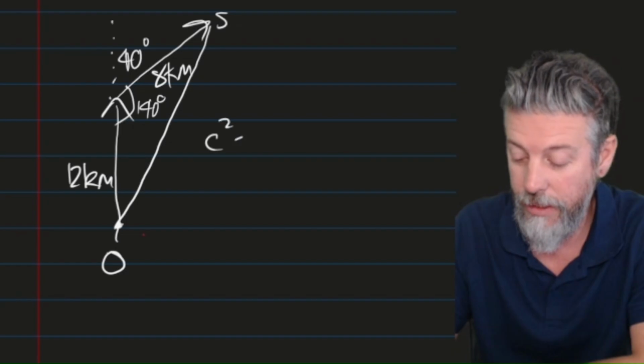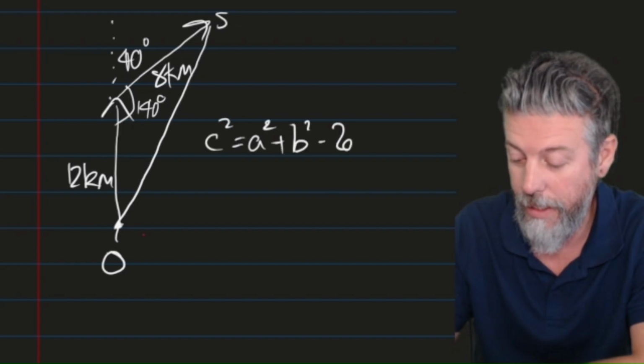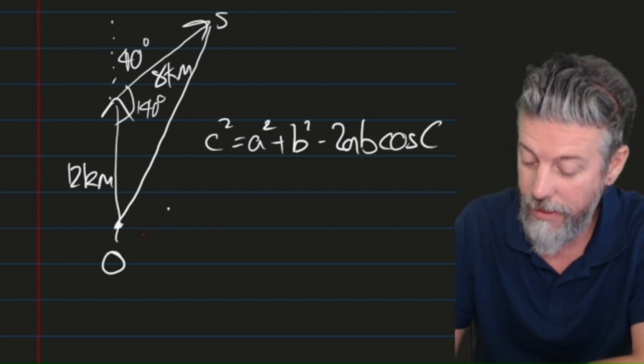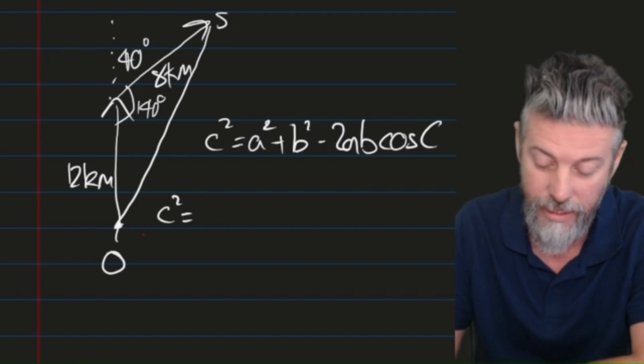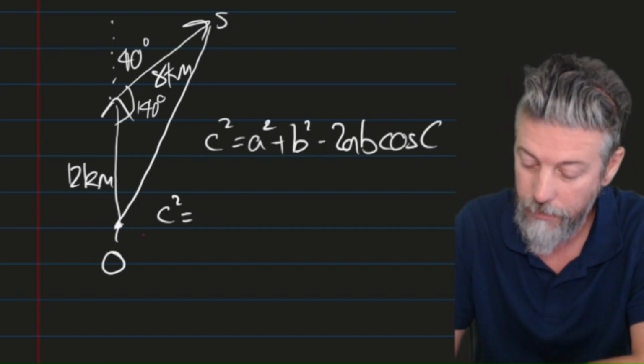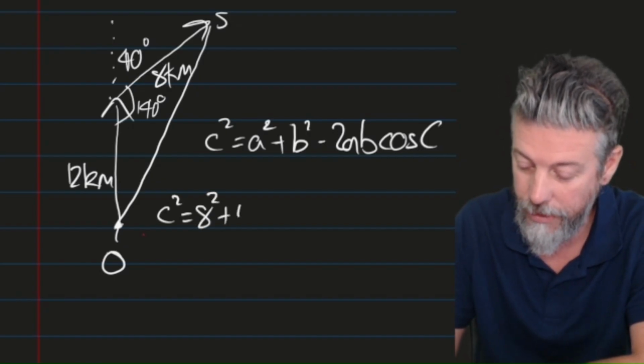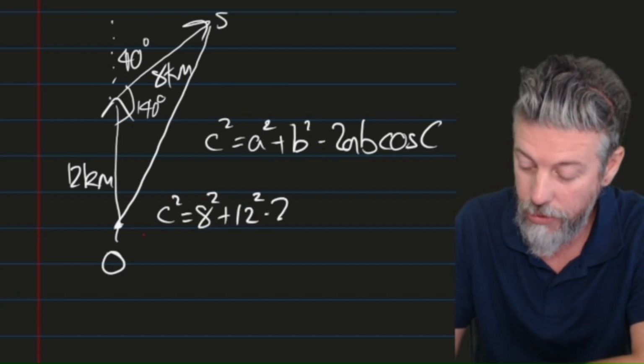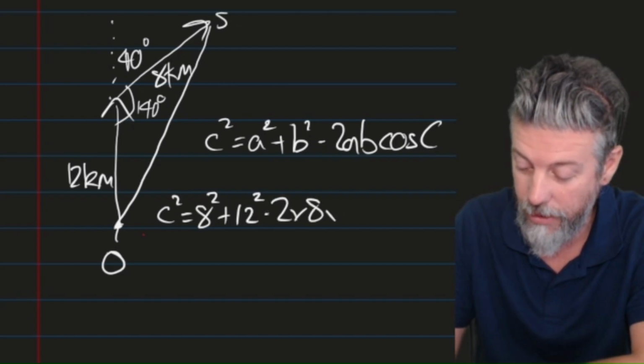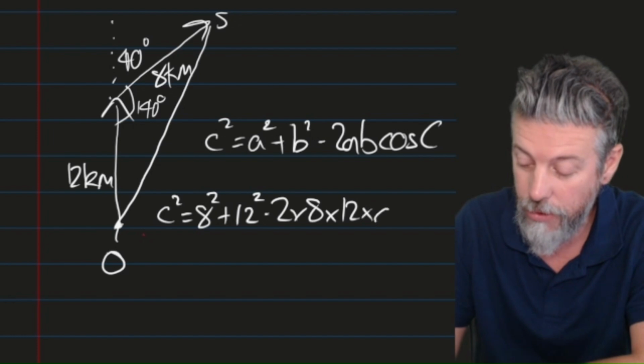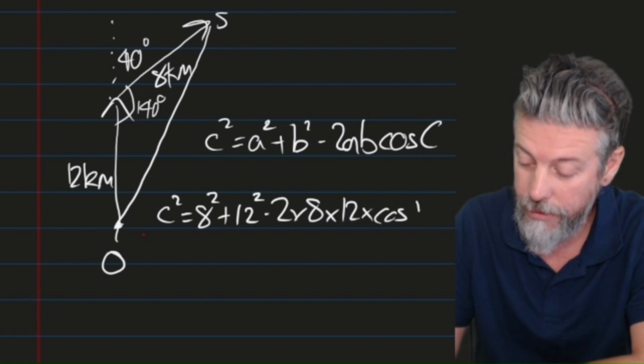So c squared equals a squared plus b squared minus 2ab cos c. So c squared equals, it doesn't matter which one you do as a or b, 8 squared plus 12 squared minus 2 times 8 times 12 times cos 140.